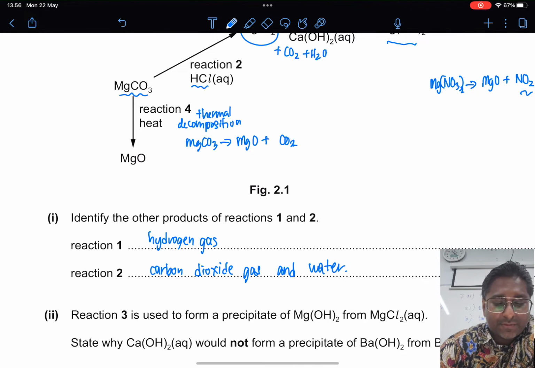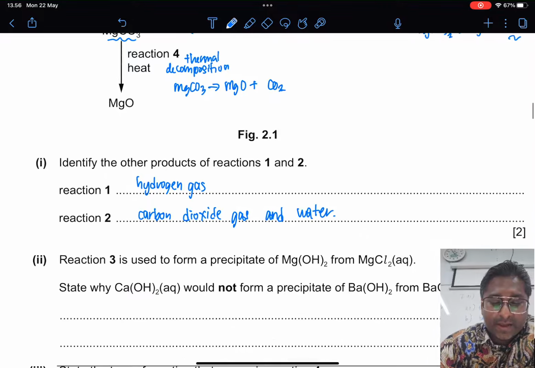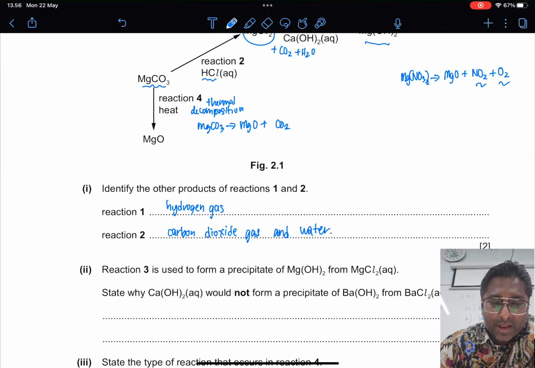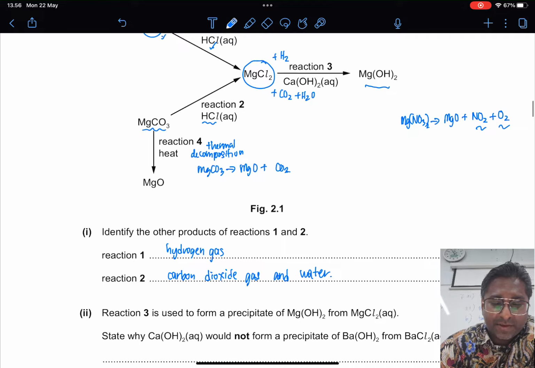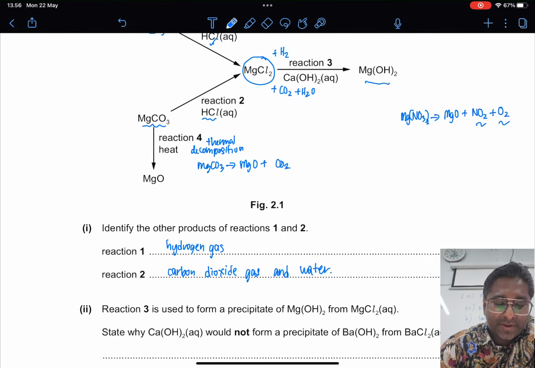Reaction 3 is used to form precipitate magnesium hydroxide from magnesium chloride. So reaction 3, from magnesium chloride you get magnesium hydroxide precipitate.